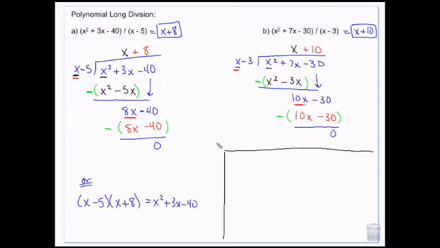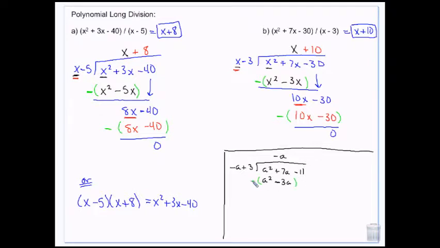Because I want to show you what to do with the remainder. Let's say I divide negative a plus 3 into a squared plus 7a minus 11. Okay. To turn that negative a into a positive a squared, I'm going to multiply it by negative a. And I'm going to get a squared minus 3a.